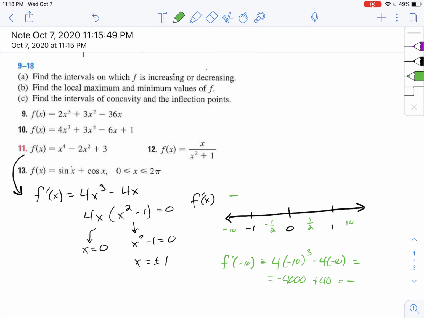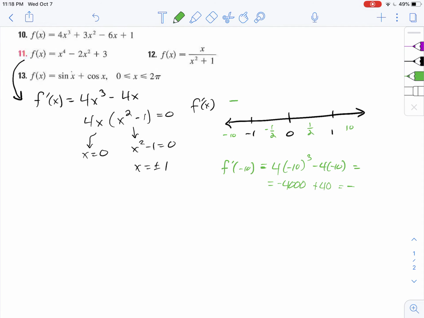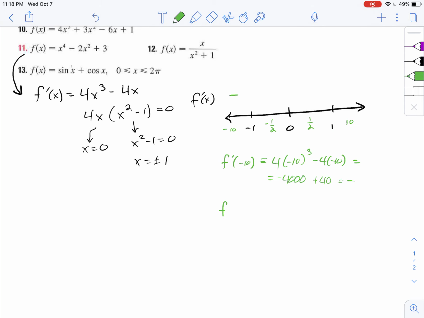If I plug in negative 1/2, that's 4 times negative 1/2 cubed minus 4 times negative 1/2. 1/2 cubed is 1/8, so this is 4 times minus 1/8 plus 2.